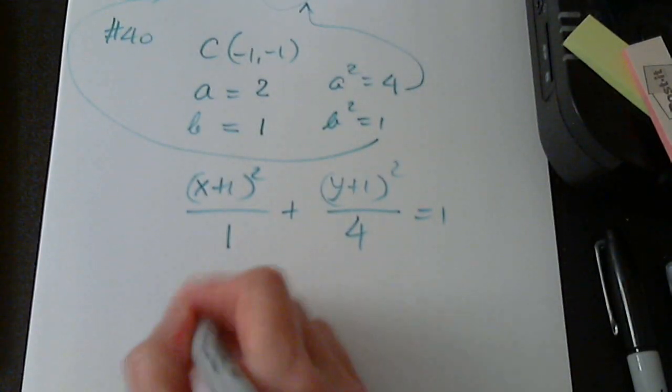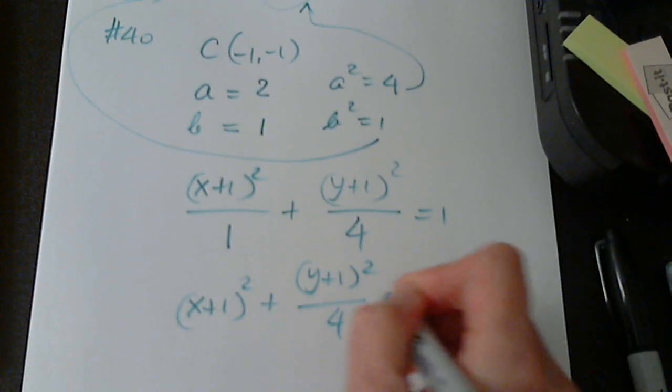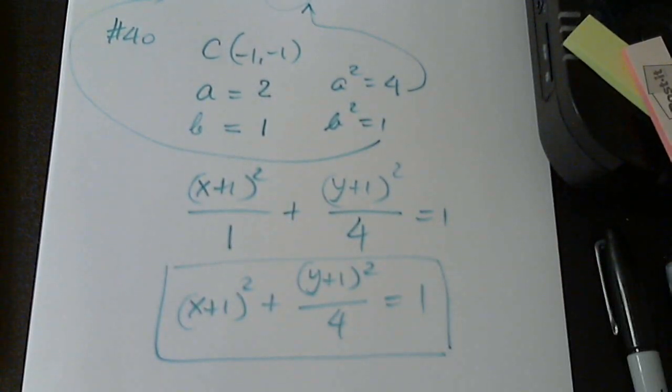You can also write it as (x plus 1) squared plus (y plus 1) squared over 4 equals 1. This is the equation of the ellipse, centered at -1, -1, with a major axis that is vertical.